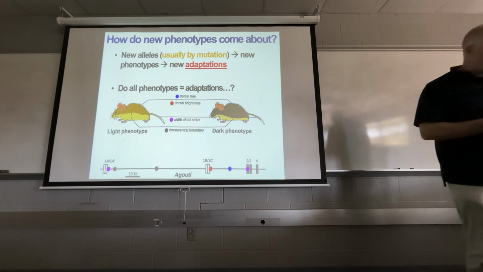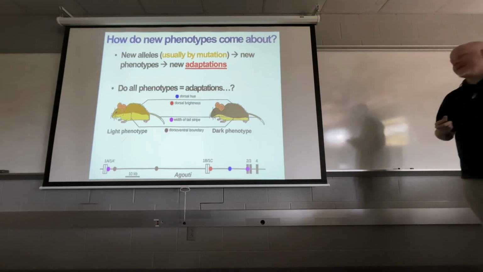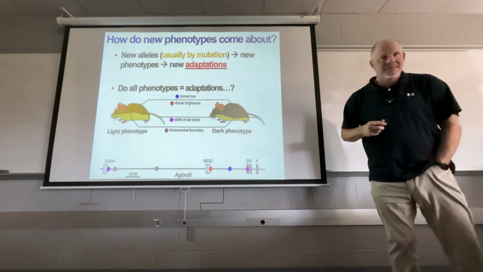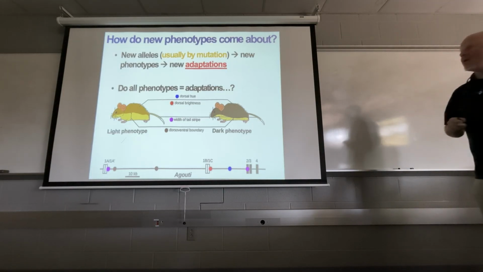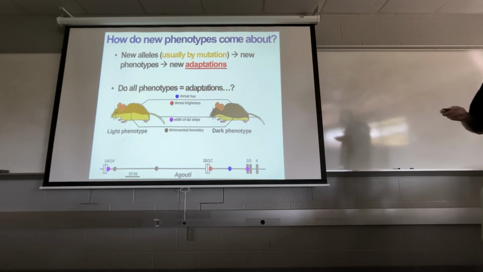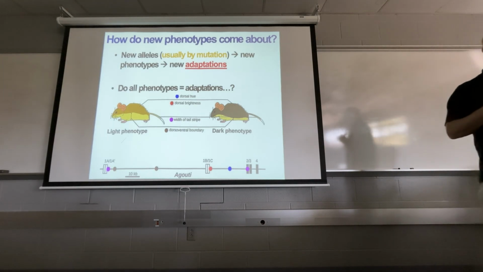So the question might be, well, how do we get new phenotypes, right? Phenotypes are driven by genotypes, which are driven by alleles, correct? So a lot of new phenotypes can come into a population because of mutation. One other way this might happen is maybe migration.